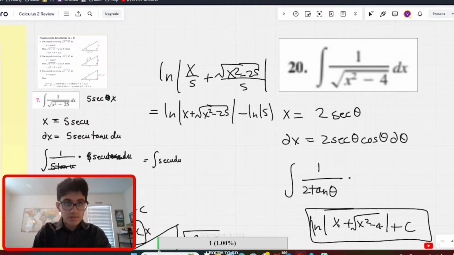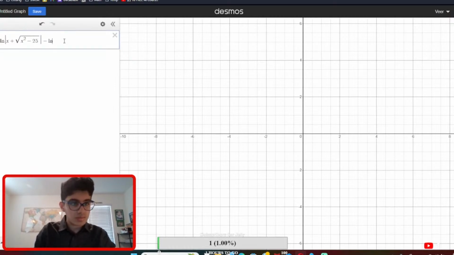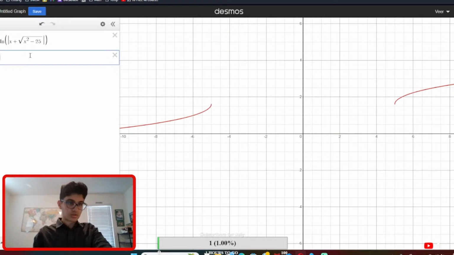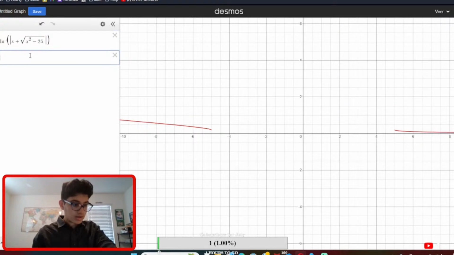Similar thing over here, right? So let's graph this. Okay, they want parentheses here, and we want the derivative of this. Yeah, that's a derivative.